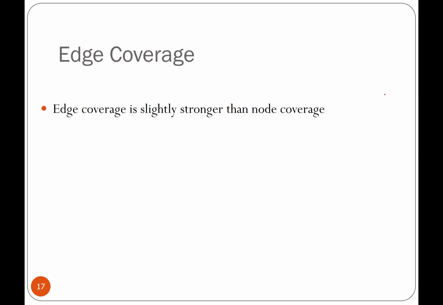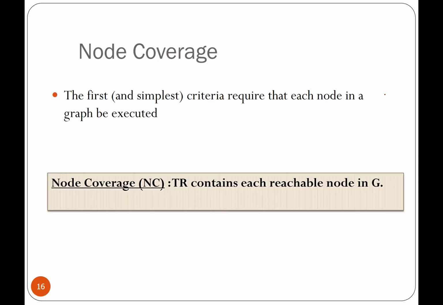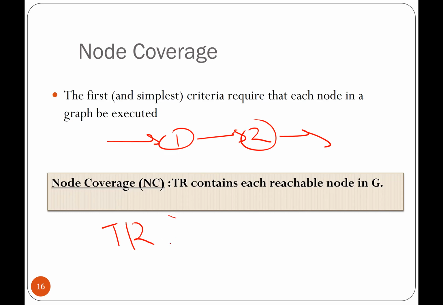If I have a graph that looks something like this, 1, then 2, my test requirement set is 1 and 2. This is my test requirement. Just go to nodes 1 and 2.